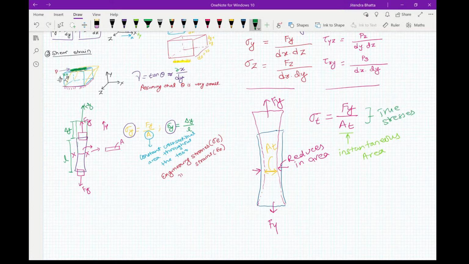Similarly, the strains that you obtain like this will be known as true strains.